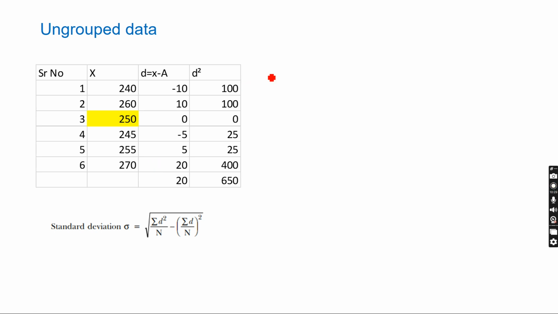Now coming to the calculation. So my calculation: sigma equals the square root of summation d square upon n minus summation d upon n, the whole square. This actually denotes variance and it is denoted by sigma square.